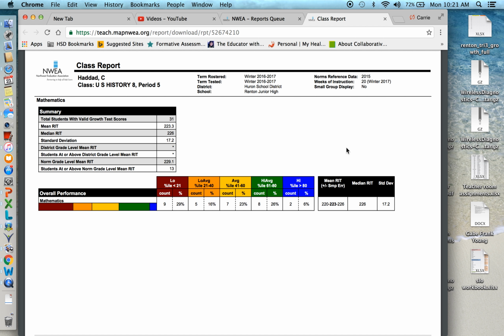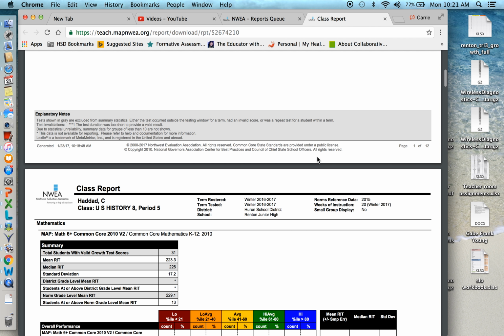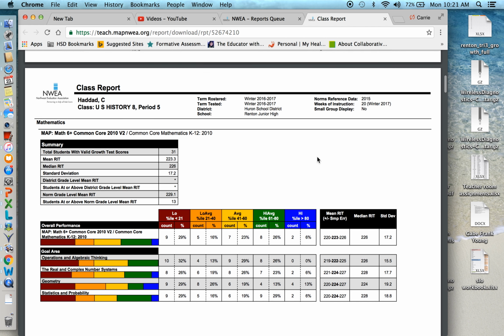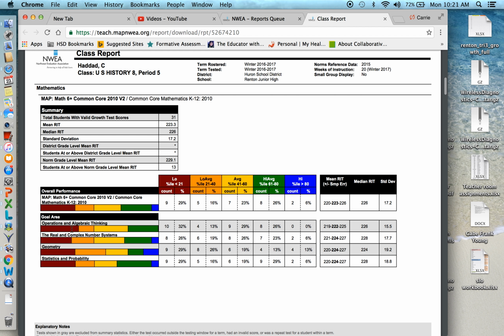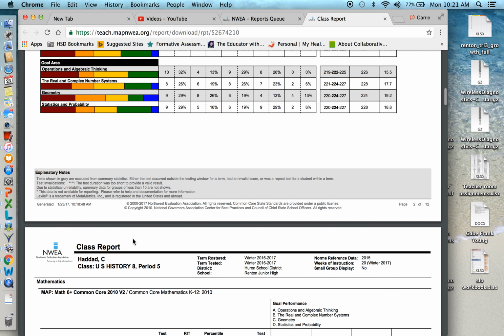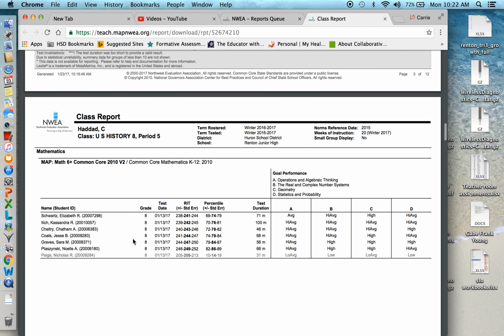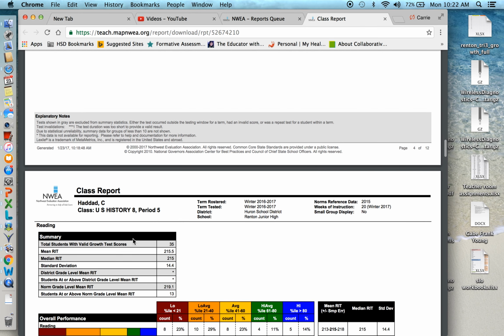And I should have said this was the mathematics report first. Now, the reports will show you the different sub areas or goal areas. So, for example, in math, you've got operations and algebraic thinking, real and complex numbers, geometry, and statistics. I'm going to scroll past it so I can get down here to the reading.